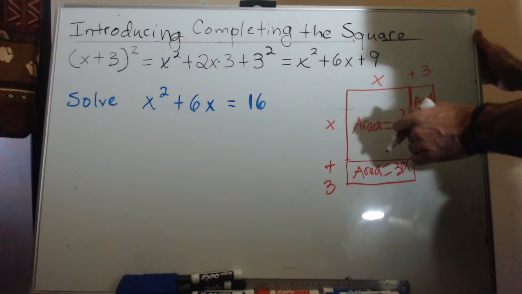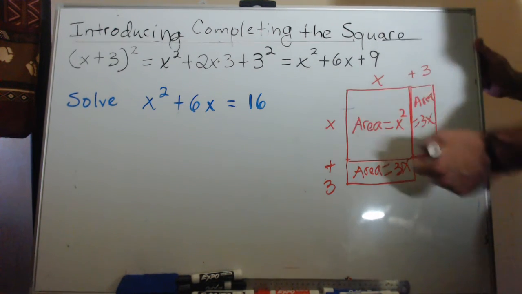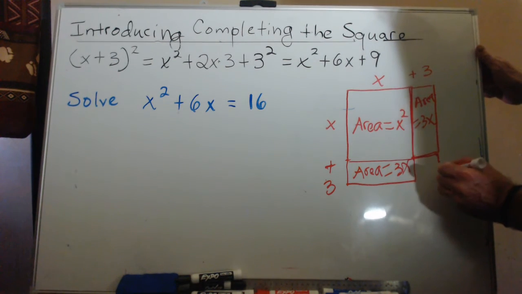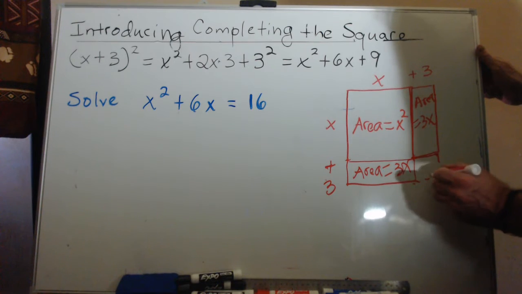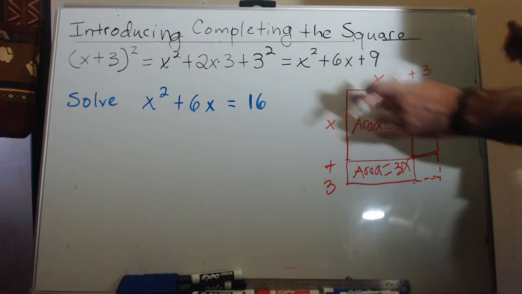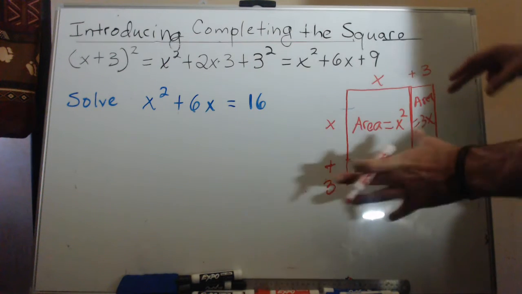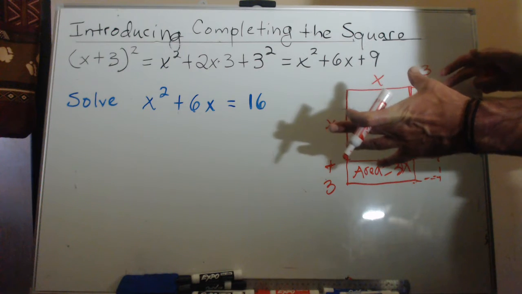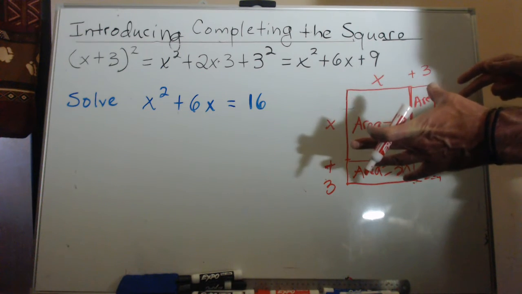That would mean that if we have this little corner here filled in, then on the one hand we would have overall a large square with dimensions the quantity x plus 3 by the quantity x plus 3.